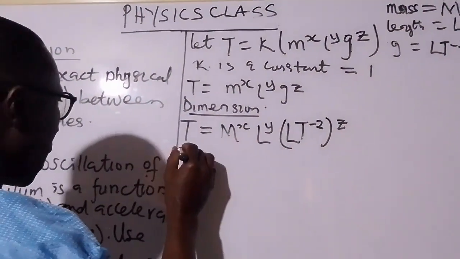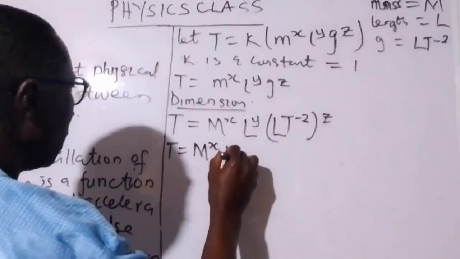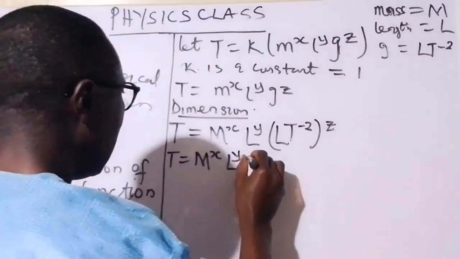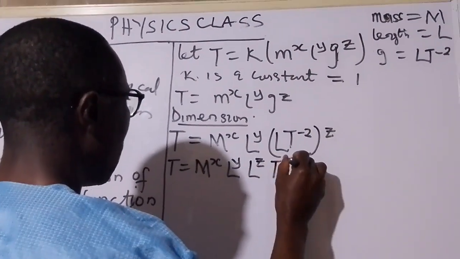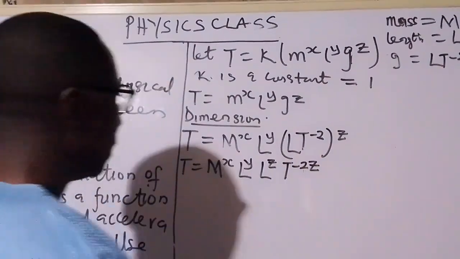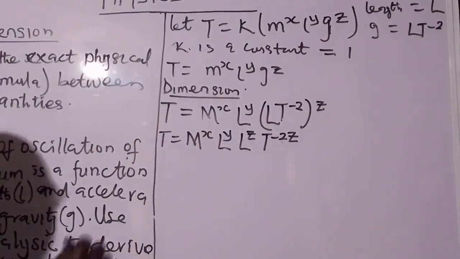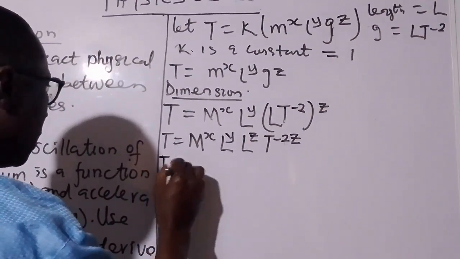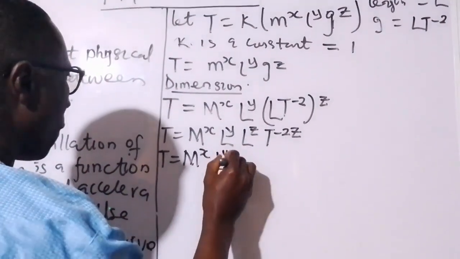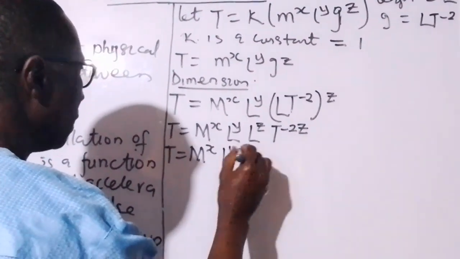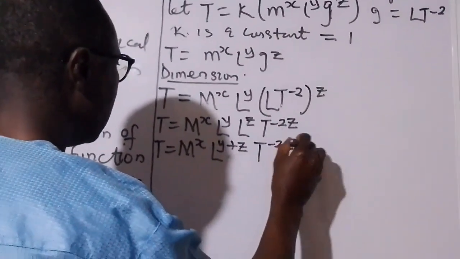So we are going to have T is equal to M raised to power x, L raised to power y, L raised to power z, T raised to power minus 2z. Now, let's apply law of indices here. So we are going to have T is equal to M raised to power x, L raised to power y plus z, because this is L, and T raised to power minus 2z.